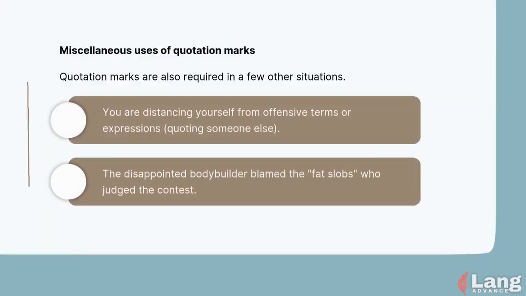Miscellaneous uses of quotation marks. Quotation marks are also required in a few other situations. You are distancing yourself from offensive terms or expressions, quoting someone else. The disappointed bodybuilder blamed the "fat slobs" who judge the contest.